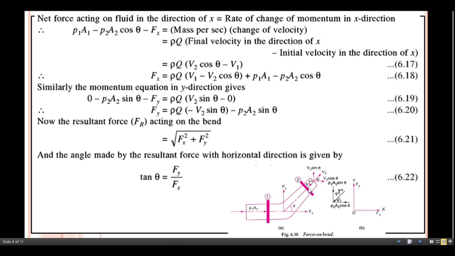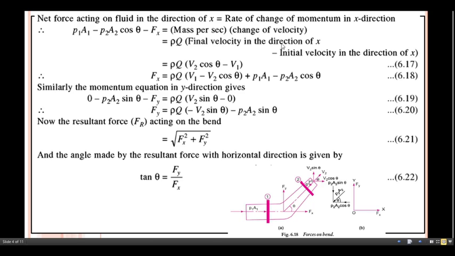Just focus here on P2 A2. If I take the horizontal component and the vertical component, this component is towards the negative direction. That's why we have written P2 A2 cos theta. Now on the right side, the rate of change of momentum in the x direction is the mass per second multiplied by the change in velocity. Mass per second is the density multiplied by the discharge Q. What about the change of velocity?